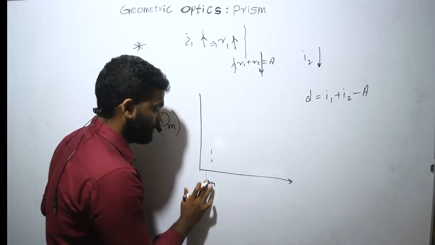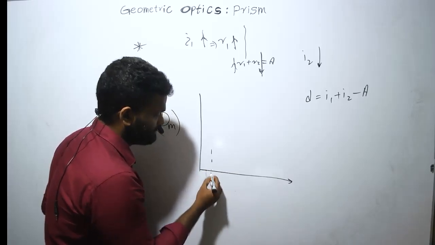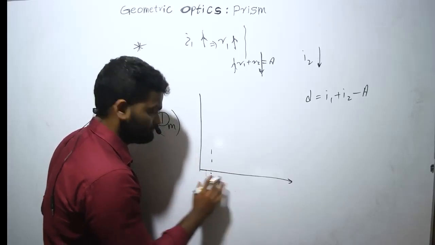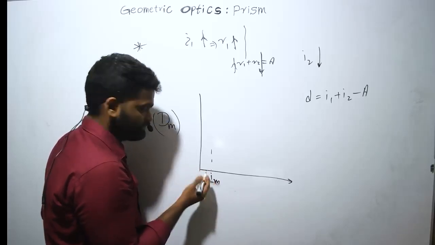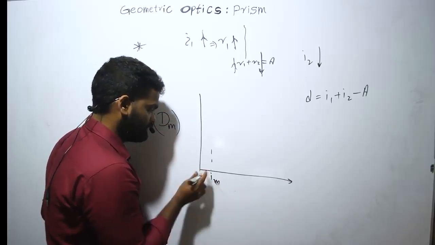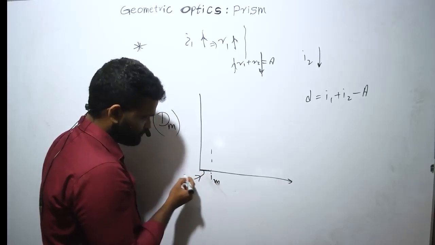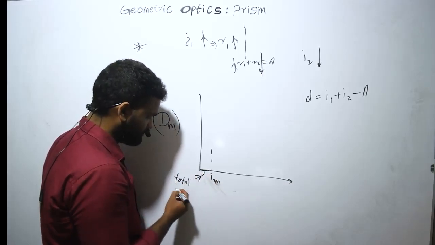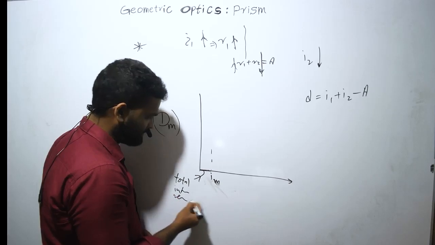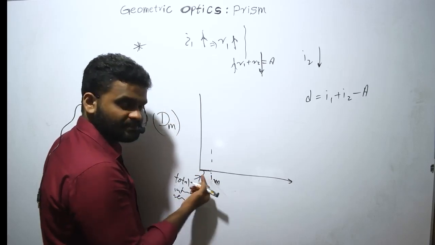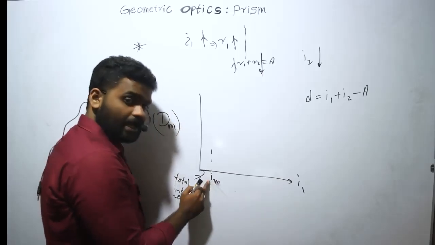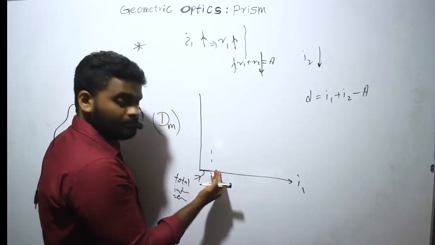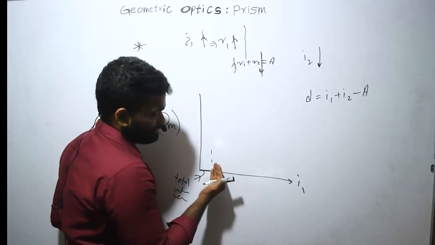For after im, there is no total internal reflection. Below that, there's total internal reflection. If you want, you can write it. This area is for total internal reflection, if I1 is less than im. But here we are only talking about after im.